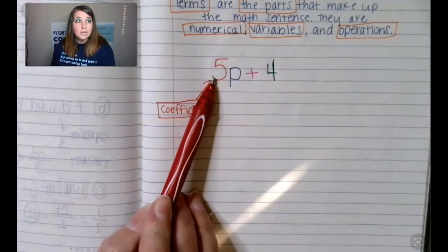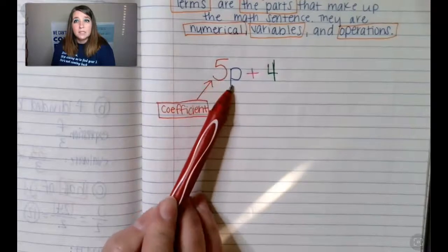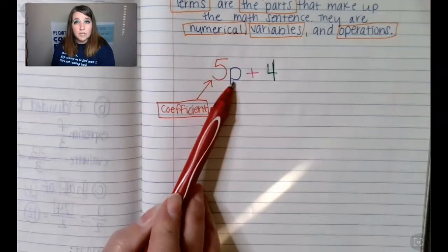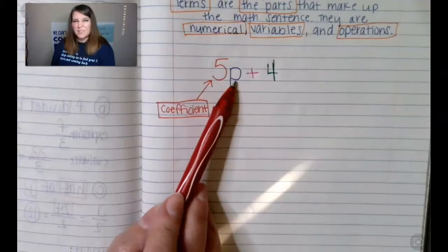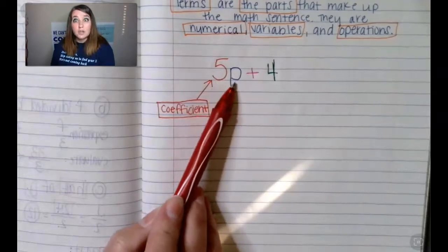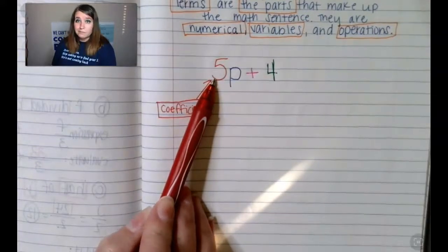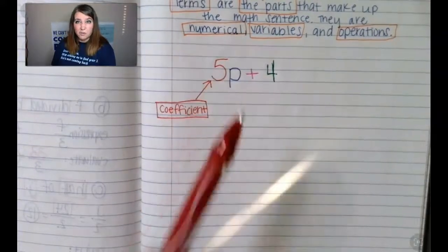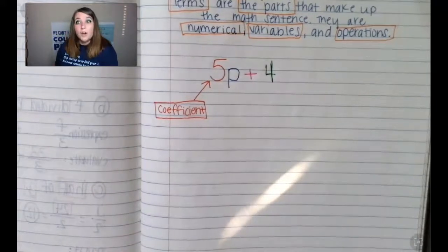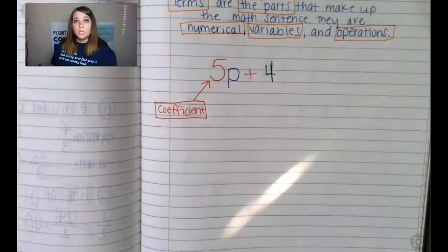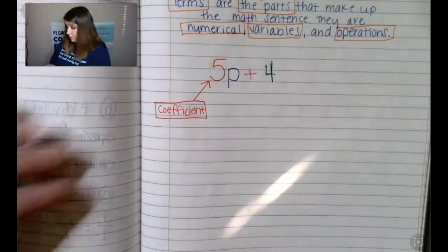It could be a 10 if it tells it to multiply by 2, because a number stuck to a letter means multiplication. If this P was a 6, it would be 30. So this 5 is not really a 5. It's a fake 5.